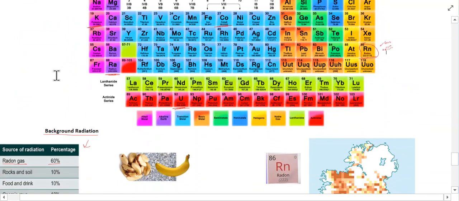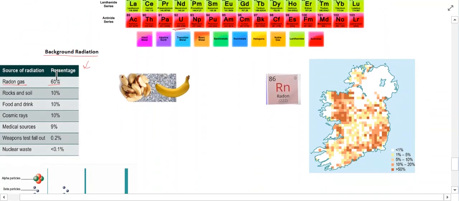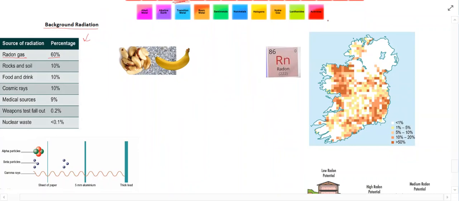radiation automatically. If we think about the types of radiation, radon gas is an alpha particle emitter. It gives off these alpha particles, and alpha particles by themselves don't travel too far. They're not very penetrative.